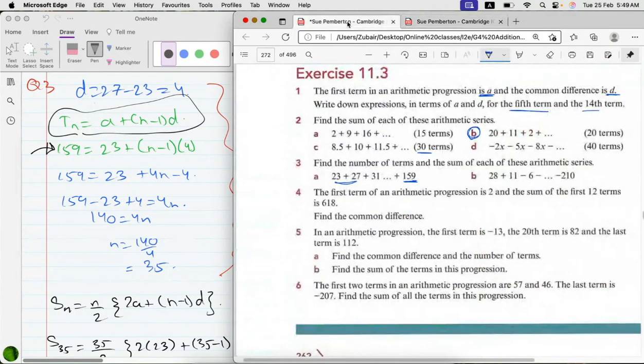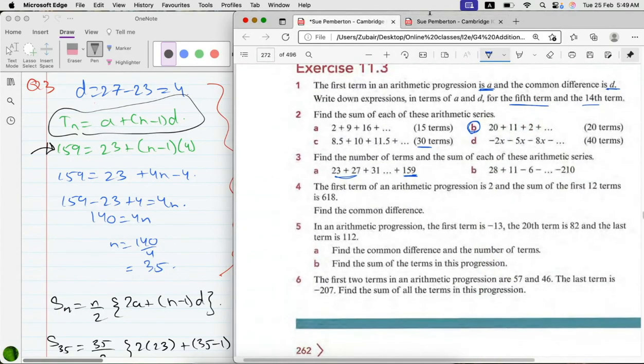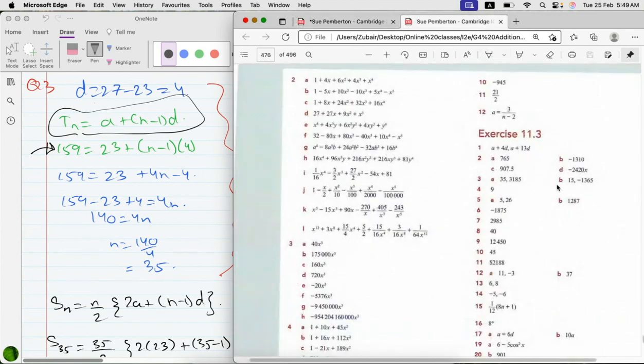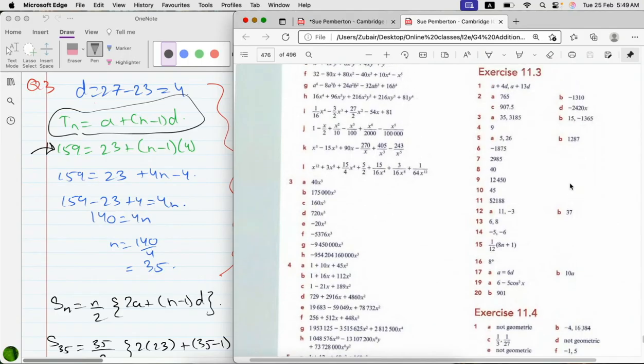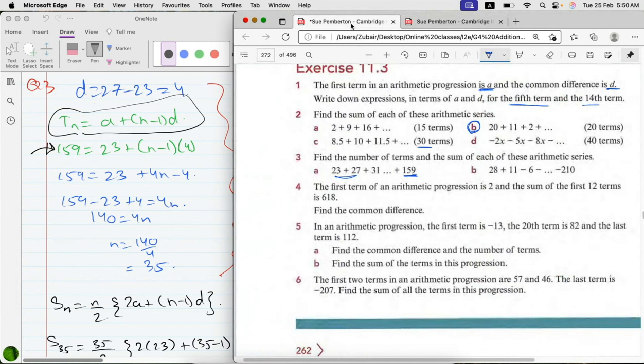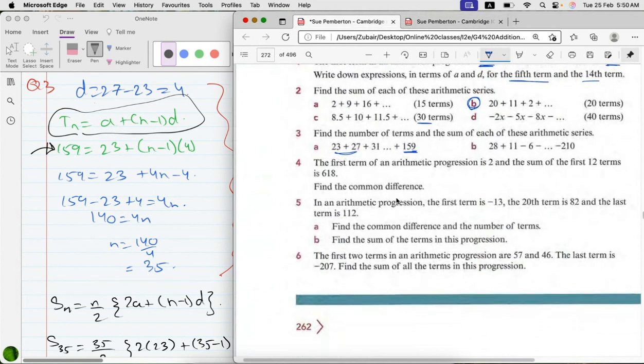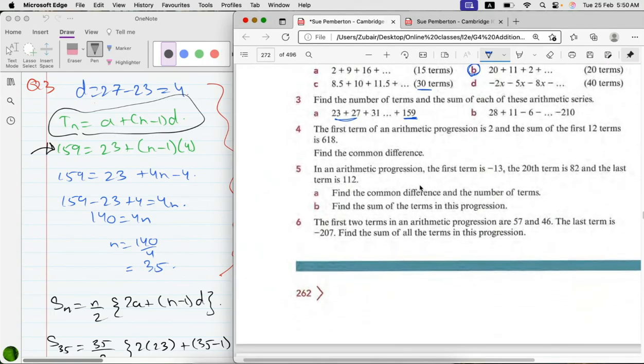Excellent. Why are there two answers? The first one was part A. It's 35 and 320, and then 15 and negative value of n. It is the value of n, the number of terms. Oh, okay. Number of terms and sum.